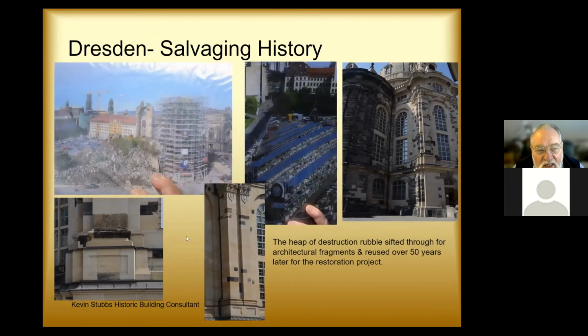After the fall of the Iron Curtain, the whole of the centre of Dresden was reconstructed, and the decision was taken to go through the rubble heap of the collapsed cathedral, sort out all the decent stonework, and it went on racks here according to where it came from in the building.